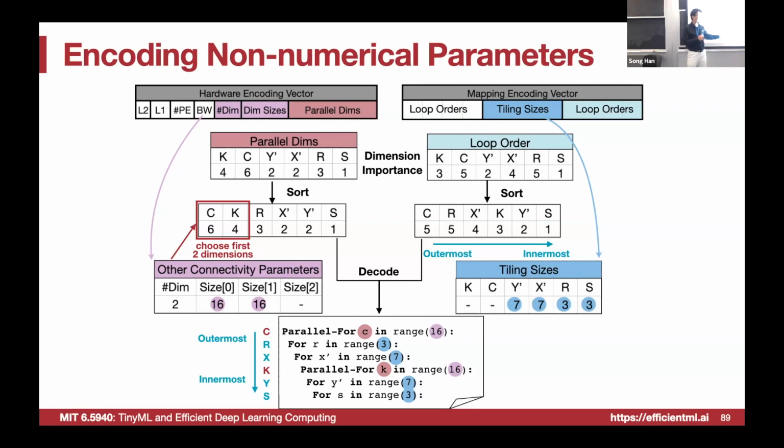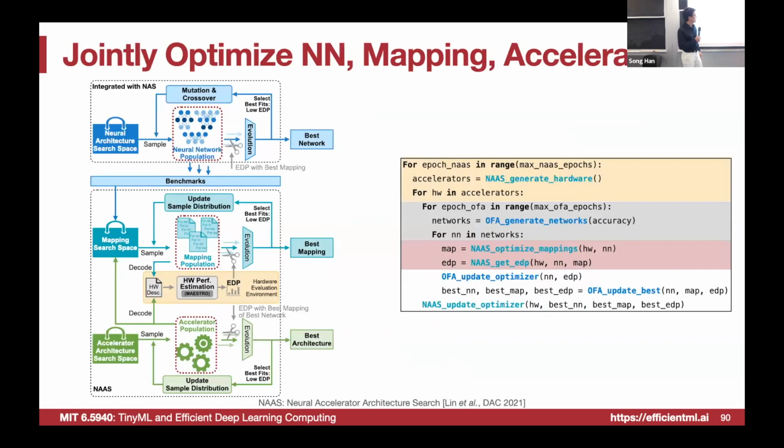So these are parallel forms from C and K, and here is the order that we put from the outermost to the innermost. So we can do this joint search for this neural network design space. This is the population for the mapping for the compiler, and also in the inner loop, that is the accelerator.